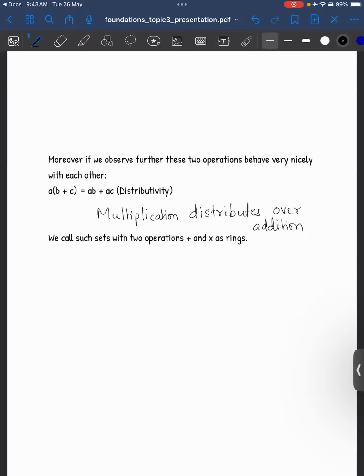So we call such sets with two operations, plus and multiplication, so you have two operations. And when you're looking at the multiplication, you remove the additive identity from the set. And without the additive identity under multiplication, it forms a monoid. And the multiplication distributes over addition. So the sets with these two operations and all these properties are known as rings.